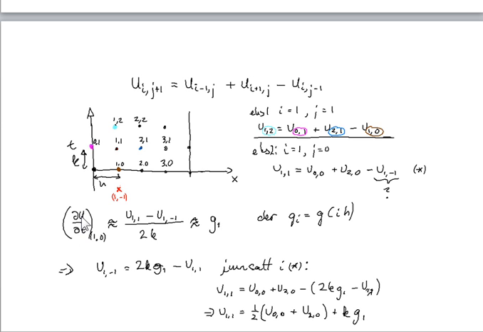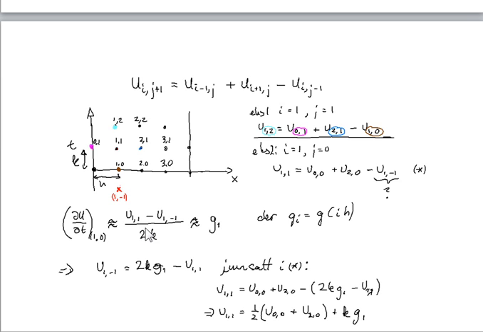Then we recall that the derivative of u with respect to t, and then we mean the derivative in the point 1, 0, may be approximated as follows. We take the value in this point minus the value in this point, and we divide by 2k, that is the distance between these two points.